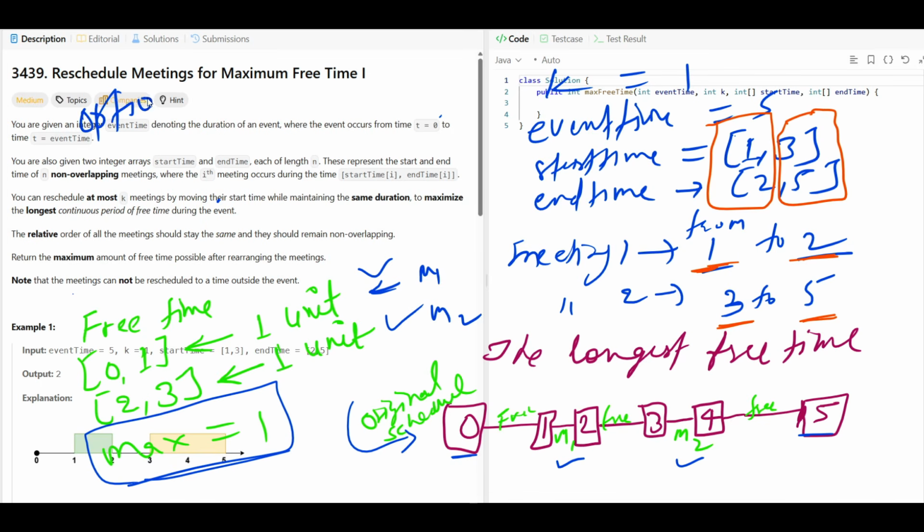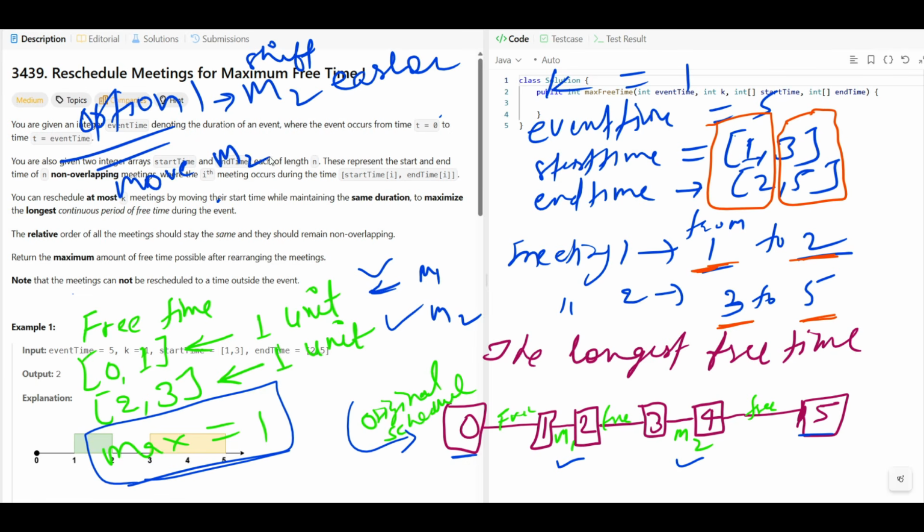Option 1: we shift meeting m2 earlier, moving m2 to immediately follow m1.